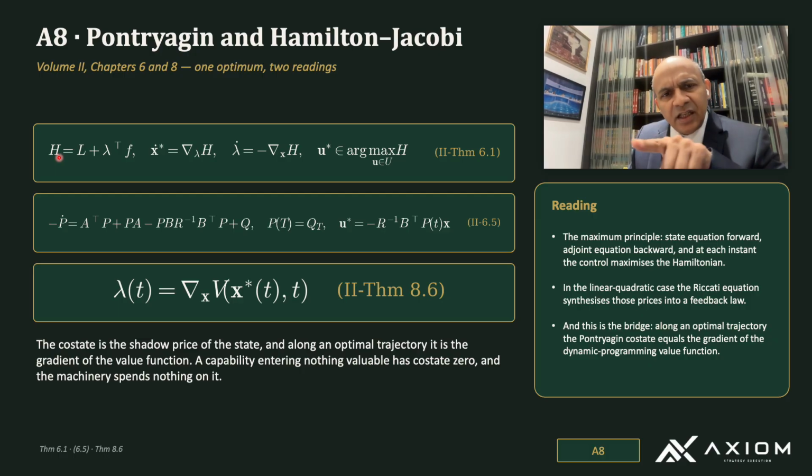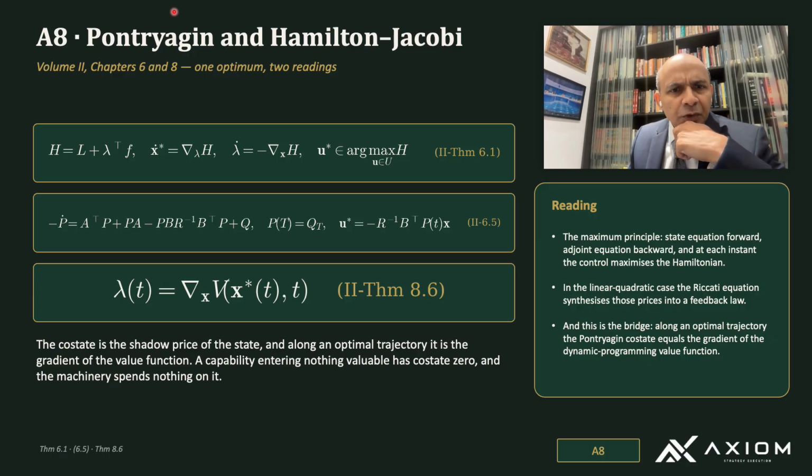The optimal state evolves forward, the costate evolves backward, and the optimal control U star maximizes the Hamiltonian at each instant. The optimal decision balances immediate enterprise value with the shadow value of how that decision changes the future state.